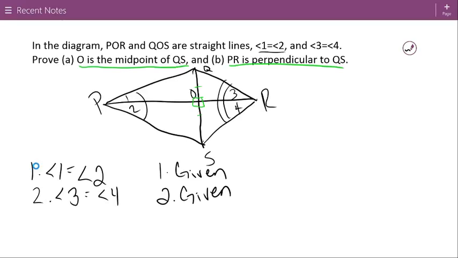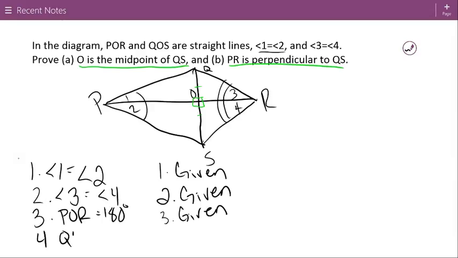Okay, so POR, QOS are straight lines. Doesn't really tell us necessarily, we'll write it down. 3, angle POR equals 180, given. 4, angle QOS equals 180, given.